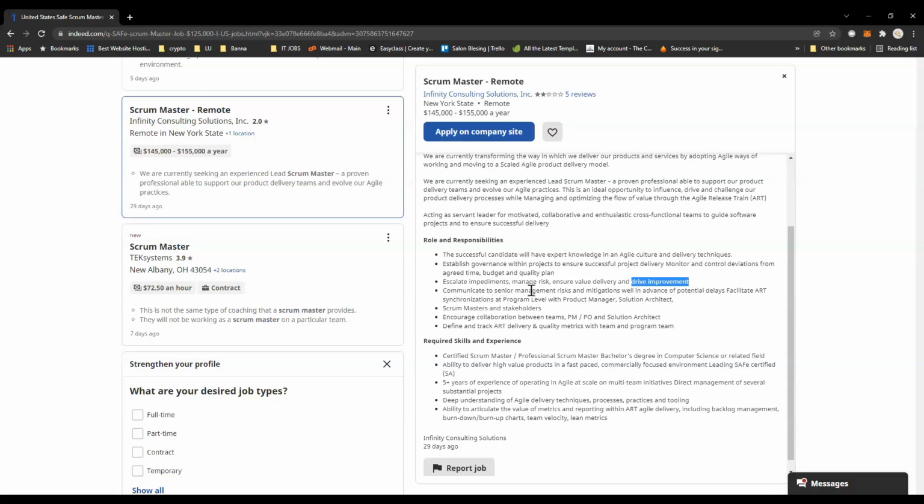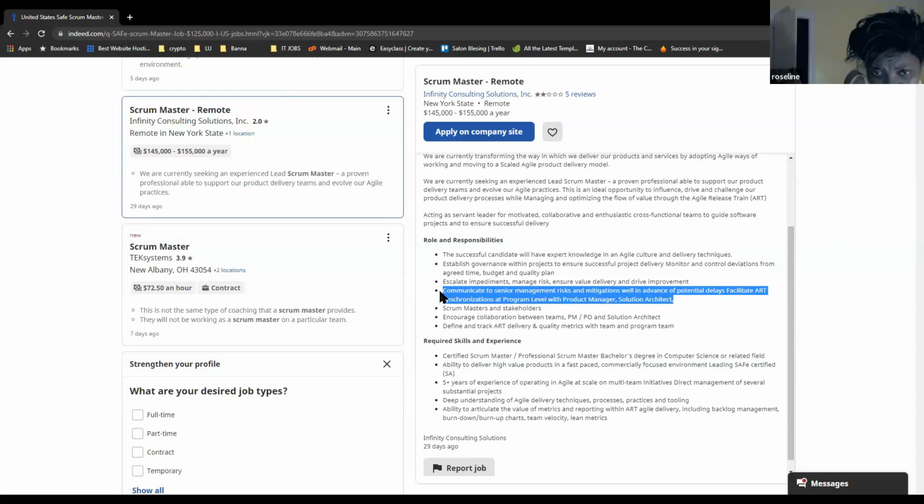Communicate to senior management risks and mitigation well in advance of potential delay, and facilitate synchronization at the program level with the product manager and solution architect. We talked about that already. That's why you do the Scrum of Scrums. In the Scrum of Scrums, you are there to tell them that the objective we committed to, we won't be able to make because we just lost our big guy in the team.